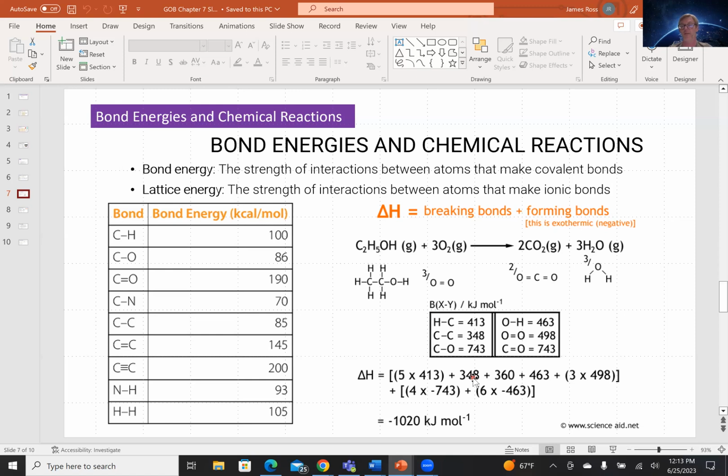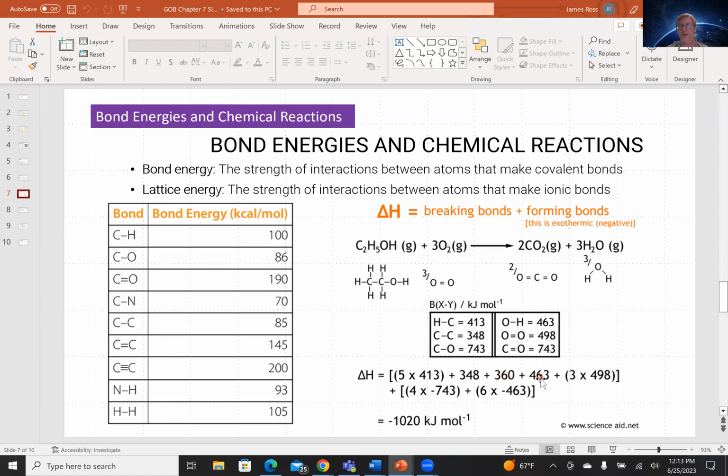Then we have a value of 360. Where is that 360 coming from? The CO, I think that might be a typo. We'll come back to that 360 in a second. I'll double check that number.